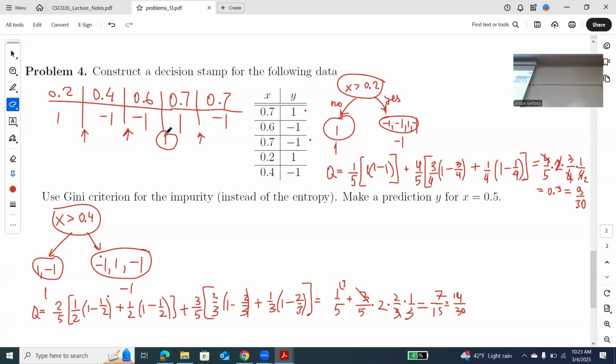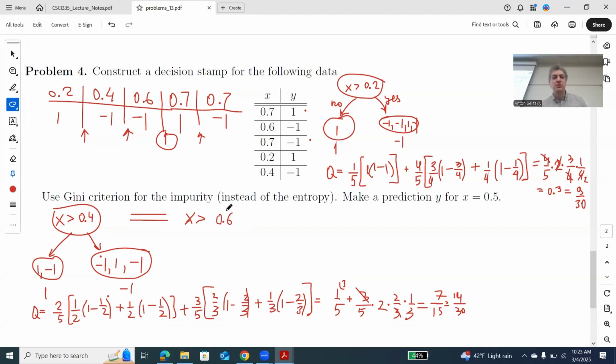Or maybe you can see that this split and this split will result in exactly the same quality factor, because if we use this threshold, we have 1 positive, 1 negative. So this threshold will be the same as for x greater than 0.6.